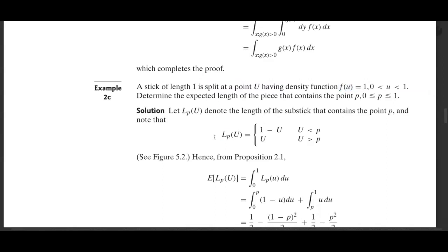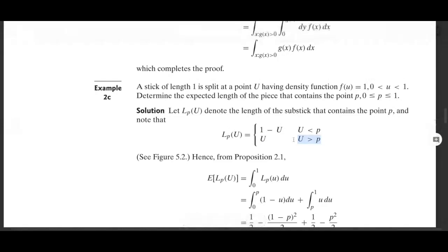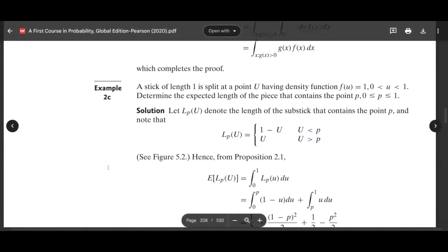So let LP denote this. So define it as U if U is greater than P, and 1 minus U if U is less than P, all right?